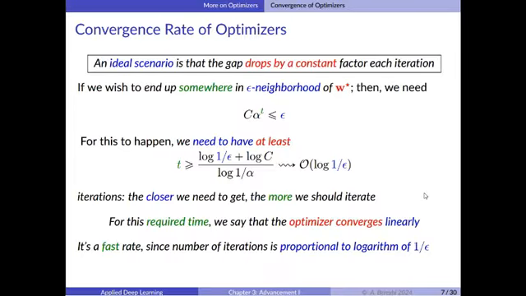We know that the number of iterations is proportional to the logarithm of 1 over epsilon. So we know that it's a fast rate.